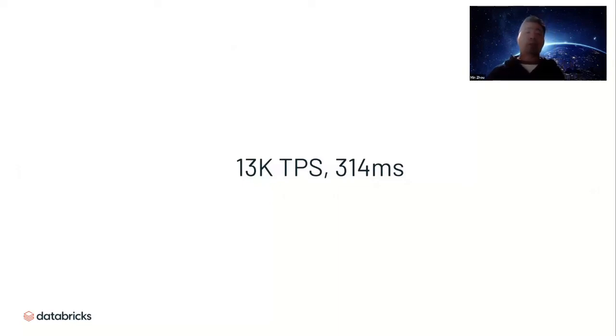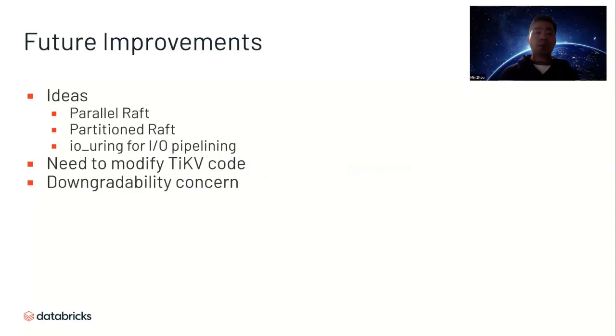Hardware is easier, but we have another idea from the software side. Right now, in each of the nodes, we have only 1 RocksDB instance for all of the data and Raft logs. Whether we can create multiple of them, for example 4 or 16, to parallelize the Raft logs, and then we can parallelize the disk write.